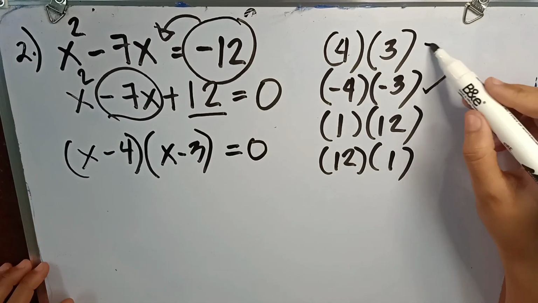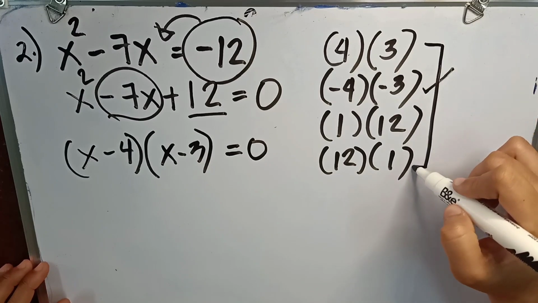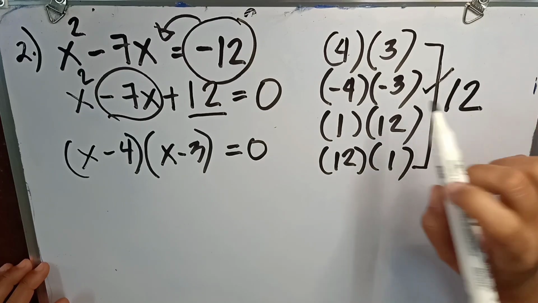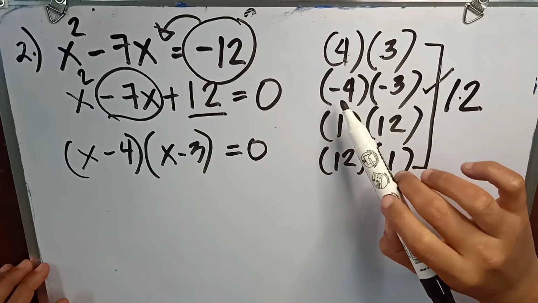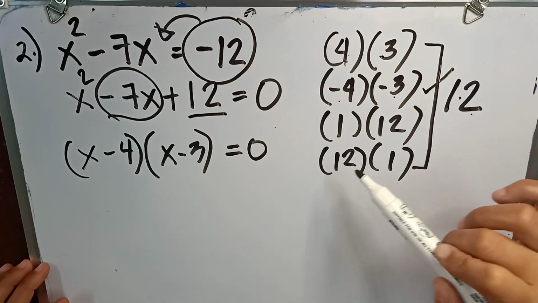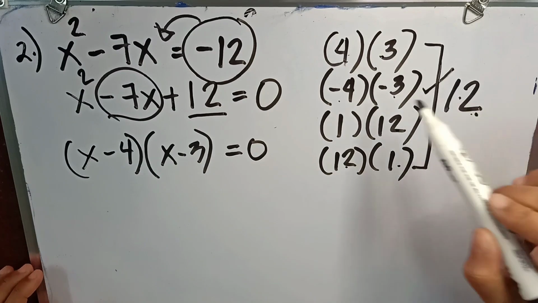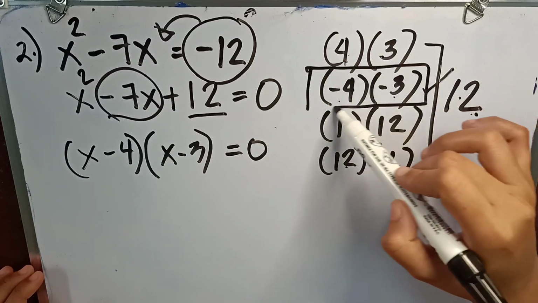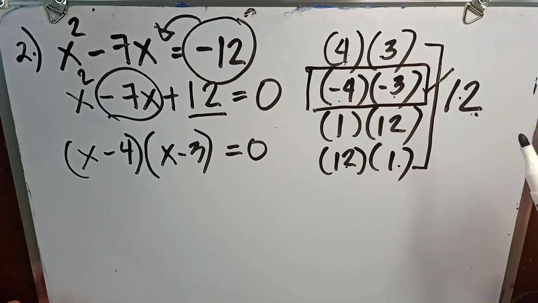By the way, if you multiply these possible factors, the resulting product is 12. So, 4 times 3 is 12. Negative 4 times negative 3 is 12. 1 times 12 is 12. 12 times 1 is 12. But we choose negative 4 and negative 3. Why?